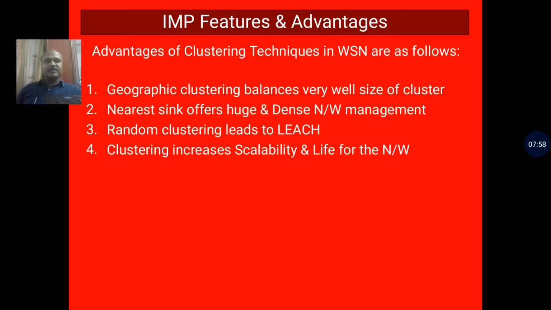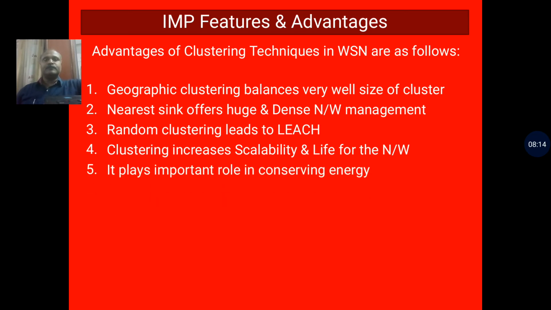Scalability means that according to the requirement, the network can expand in number of sensor nodes to hundreds, thousands and more. And the life of the network also increases by means of the LEACH approach. It plays an important role in conserving energy. So according to the available energy, if it is very low, in that case the cluster member shifts its role as cluster head to another.